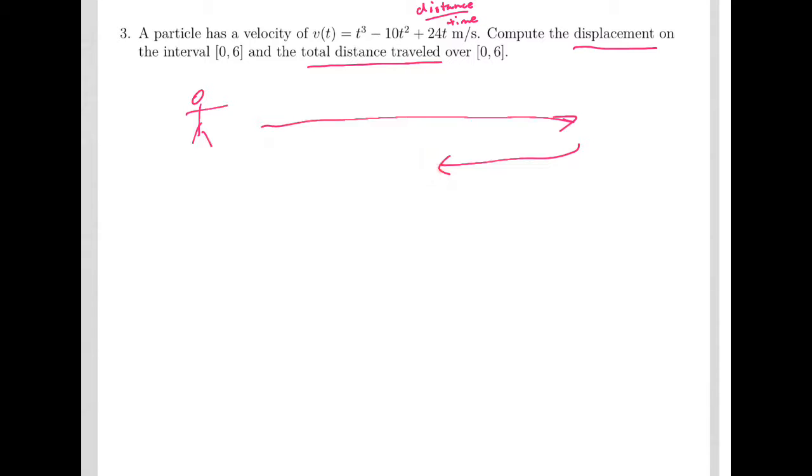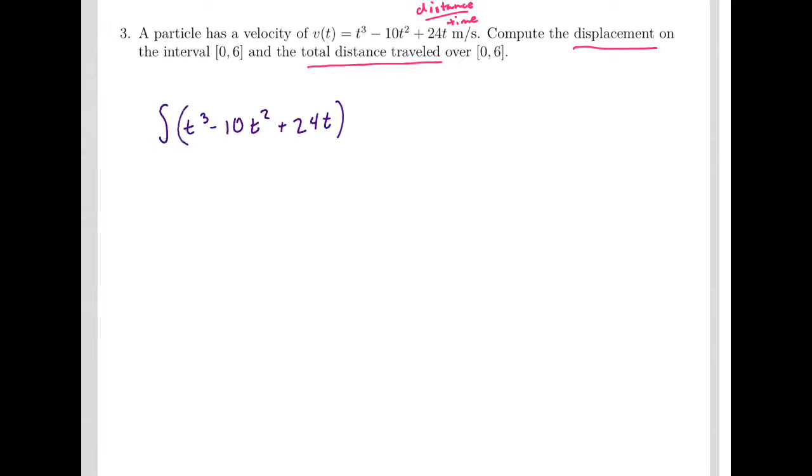All right, so let's go through and let's solve this. So one of these guys is going to be just straight up the integral of t cubed minus 10t squared plus 24t dt from 0 to 6. And then one of them is we're going to be counting everything as positive.